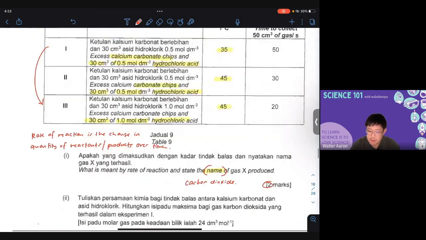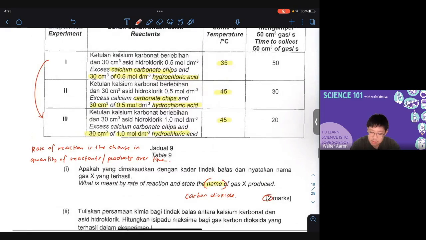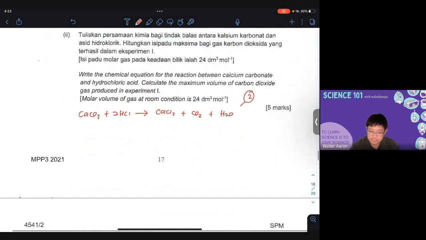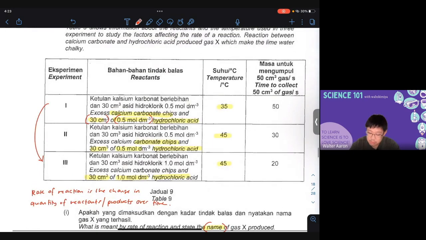Then next you see, right, they already give you the volume and concentration of acid. So what we're going to do is we're going to use MV over 1000. So number of mole of HCl will be MV over 1000. So you can see here it's 30 and 0.5.